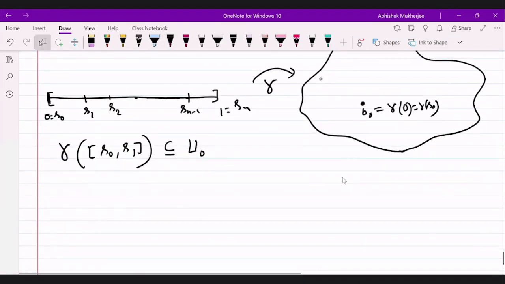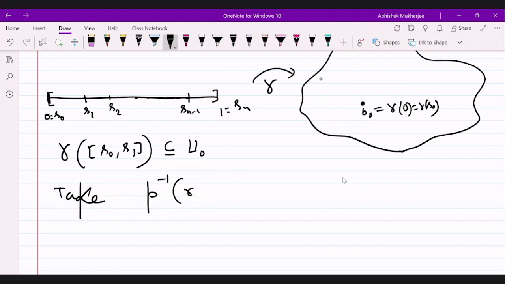Now we are going to take the inverse image of this point, gamma S0, which is B naught, right? That means it is P inverse B naught. And recall that this P inverse B naught is a discrete space and it will intersect each slice exactly once, right?